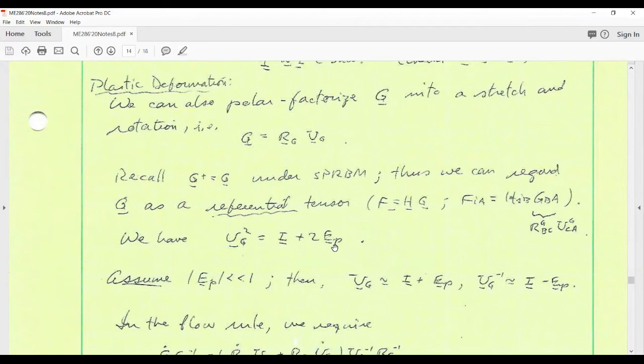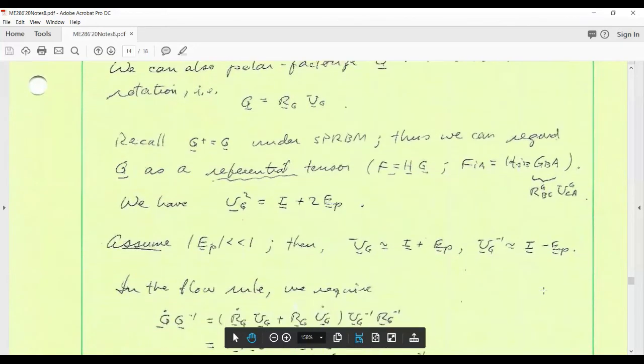You square this, you'll get this if you neglect squares of this normal plastic strain. The inverse, again, just replace the plus by the minus, and you get an expression valid to leading order, if you neglect terms of the size of the square of the plastic strain magnitude.